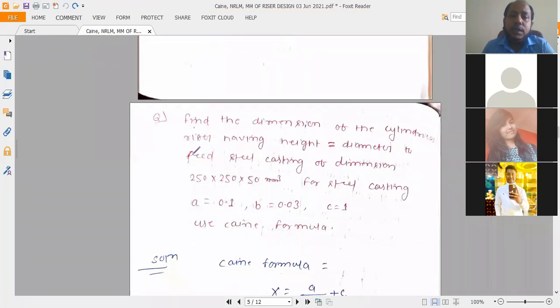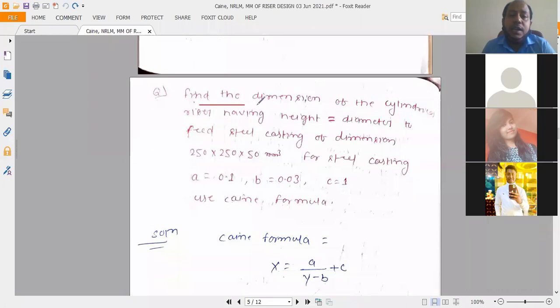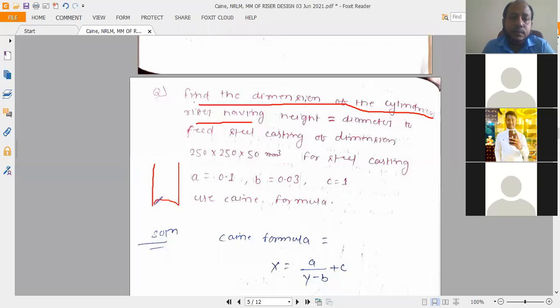If the percentage volume shrinkage of the casting is not given, then you are free to apply the Kynes formula. So find the dimension of the cylindrical riser. Cylindrical riser means what is the shape of the riser? It is a cylinder. Okay, height is equal to diameter.